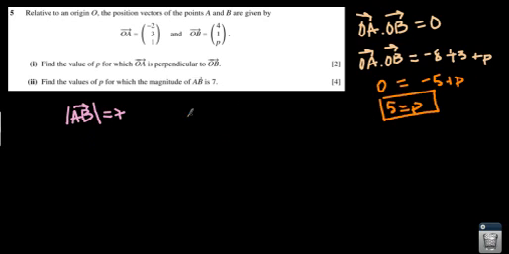So to find AB, we need to use the displacement rule, and take vector B minus vector A. Since these are already position vectors, we already know this is vector B, this is vector A. So I'm going to set these up, and then subtract them.